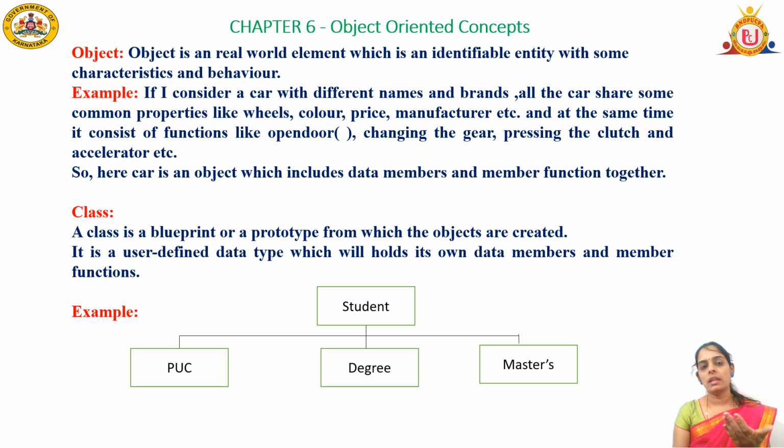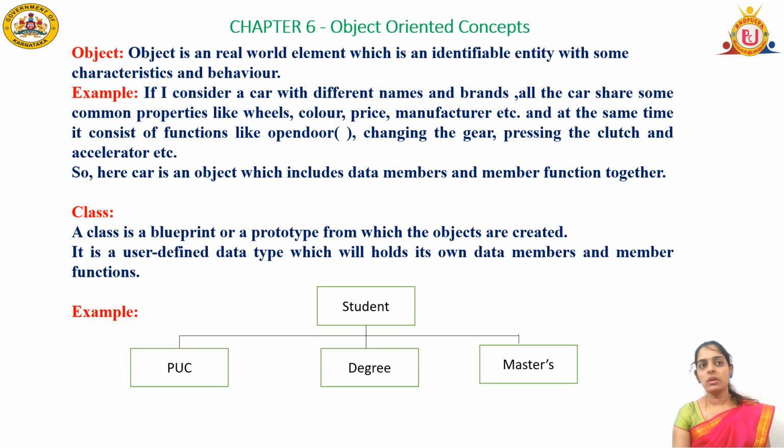The attributes like roll number, name, then fees. All the students will have these attributes. At the same time, they will have common functionalities. So together they are formed. Here PUC, degree and master students represent the objects which belong to the class called student.